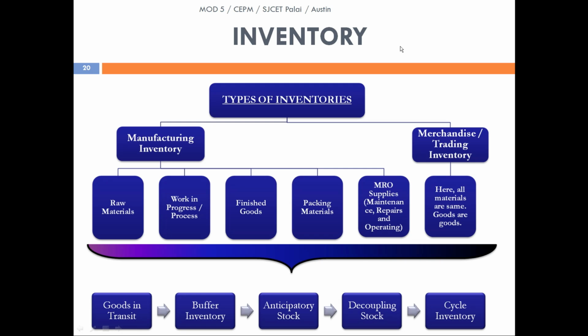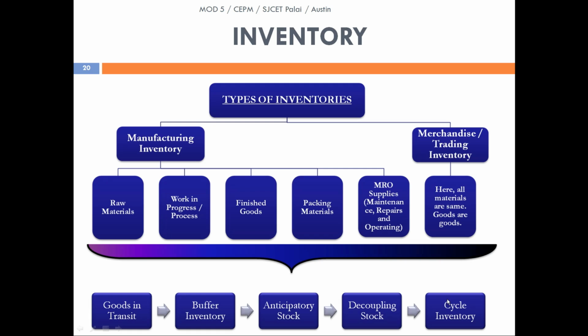Inventories can be mainly classified into direct inventories and indirect inventories. This portion, including the manufacturing inventory and merchandise or trading inventory, tells us about the direct inventory, while this portion, which includes goods in transit, buffer inventory, anticipatory stock, decoupling stock, and cycling inventory, tells us about the indirect inventory.